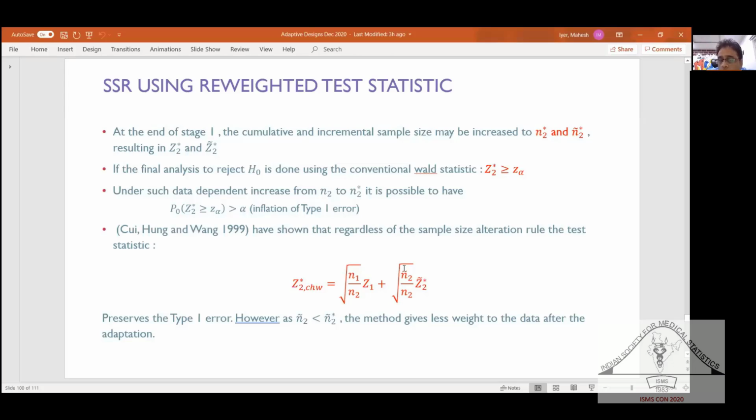Therefore, this formula downweights what happens in the second half of the study. It gives less weight to the second half, which is not what you want. The reason you're increasing the sample size is because you want to get more information, but by giving less weight, you're reducing the information. So this doesn't work well, and CHW is not very optimal because of that.